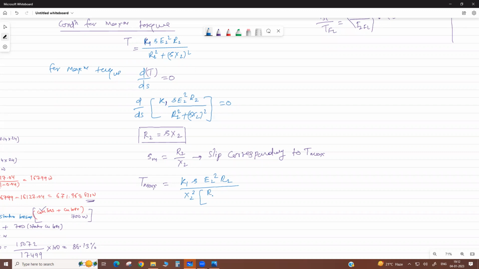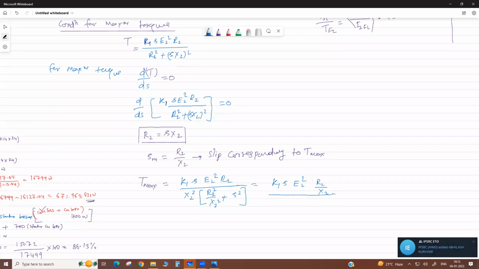Then it becomes R2 square by X2 square plus, here only slip square will come. Now we can write K1 slip E2 square, and this R2 we can write as slip times X2, divided by X2 square.